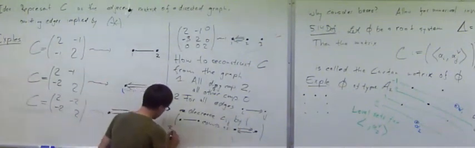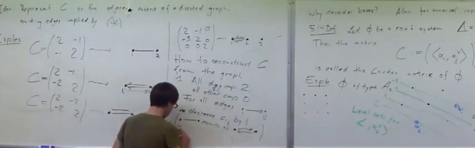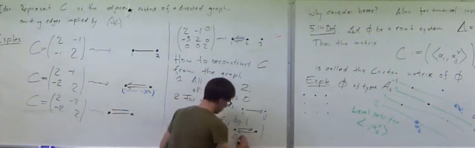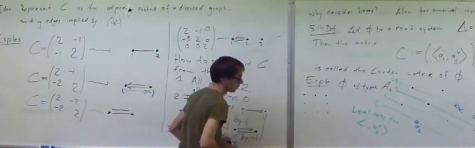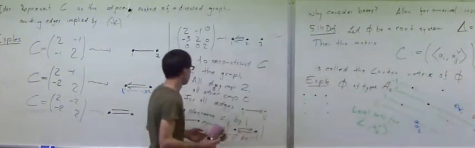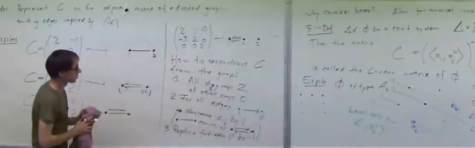And the last step is replace forbidden zeros by -1. Because of this third rule, some zeros will be forbidden, because I have say here, if I follow this algorithm, then at some point I'll have this matrix.